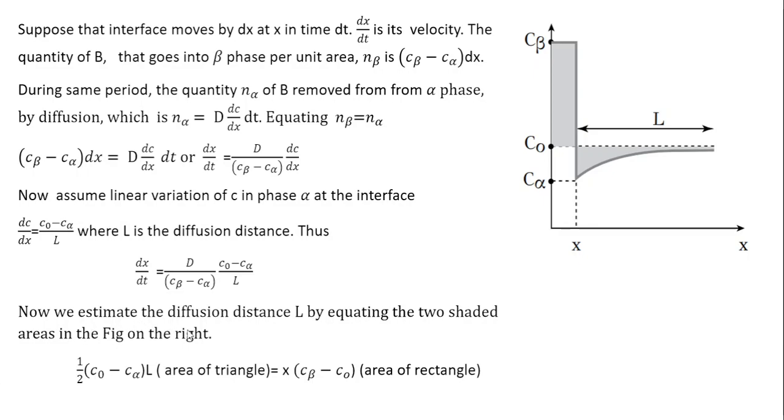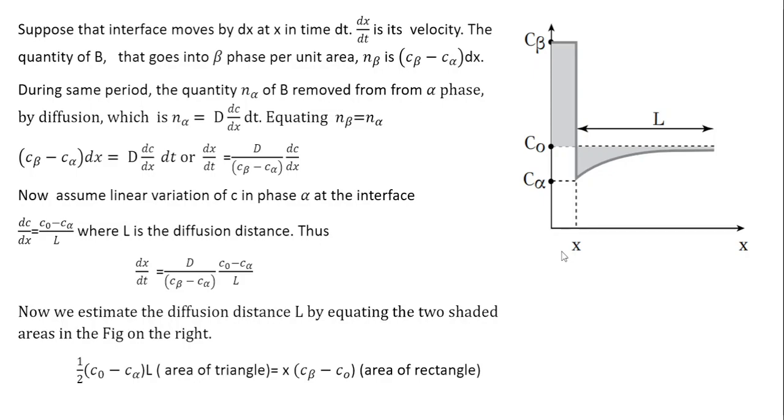Now we estimate the diffusion distance L by equating the two shaded areas in the figure. This is a rectangular area, and this is a triangular area.